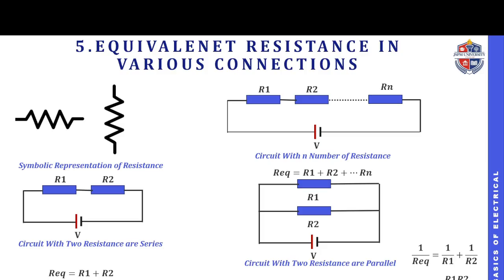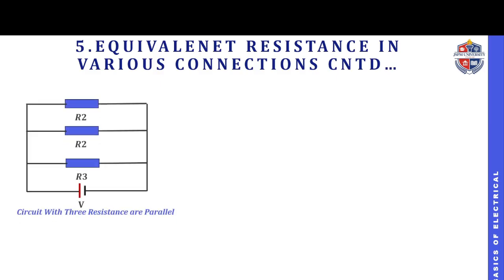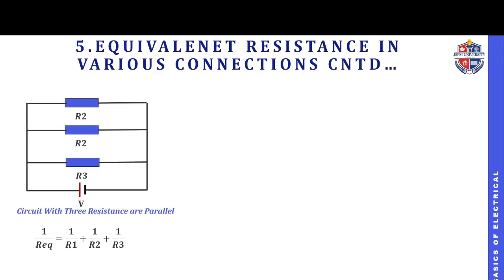Then assume now we have three resistances connected in parallel. We can say 1 by R equivalent equals 1 by R1 plus 1 by R2 plus 1 by R3. Here also, there is a typo: the first resistance is R1, then R2, R3.